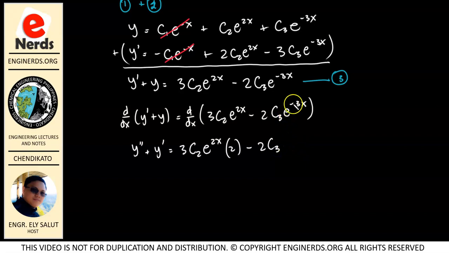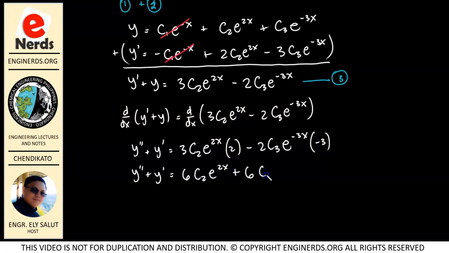The derivative of e to the negative 3x, so e to the negative 3x times the derivative of negative 3x, which is negative 3. So we have y double prime plus y prime is equal to 3 times 2, which is 6, c2e to the 2x minus 2 times minus 3 will be positive 6, c3e to the negative 3x.